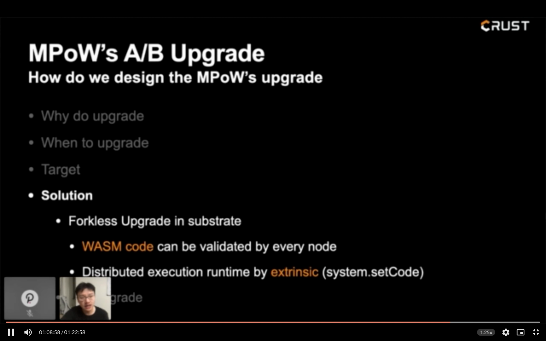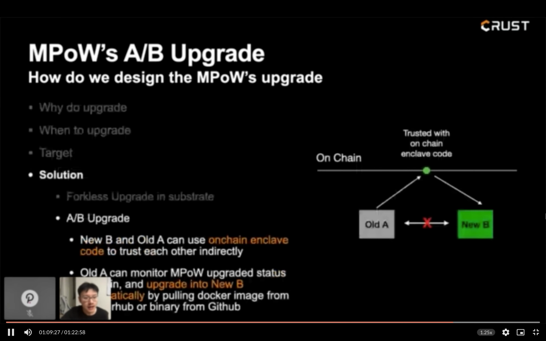And the second is that it is very easy to distribute the execution runtime by just calling the system.set_code extrinsic, which can pass to every node. So this is very easy. These 2 points inspired us to design our AB upgrade. Basically we take these forkless upgrade 2 points into our AB upgrade mechanism.